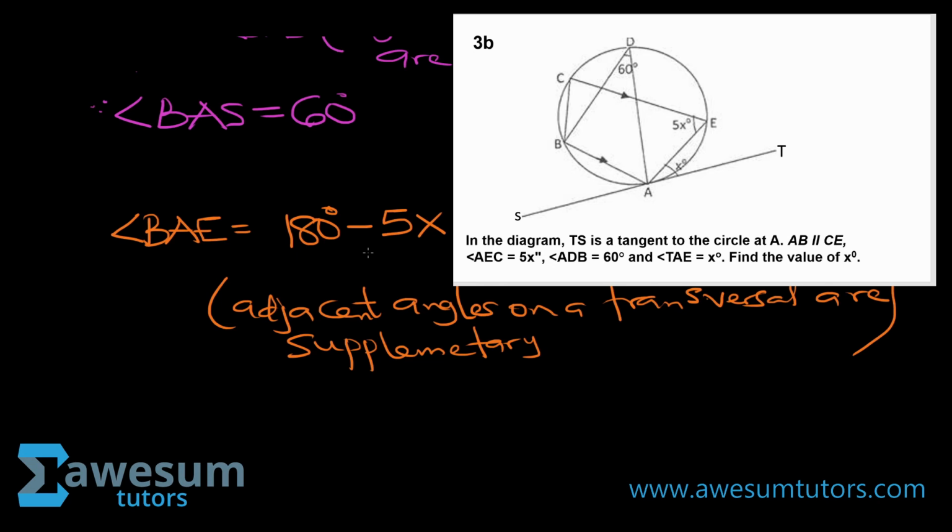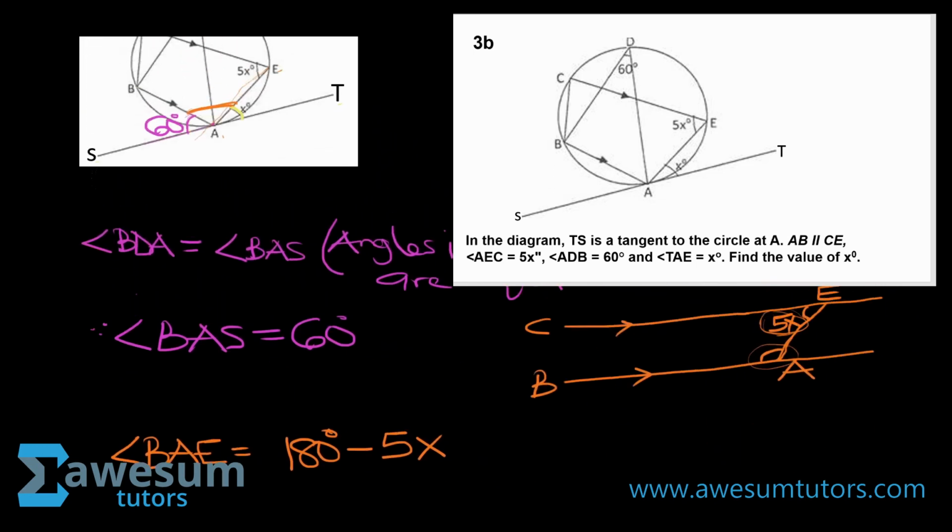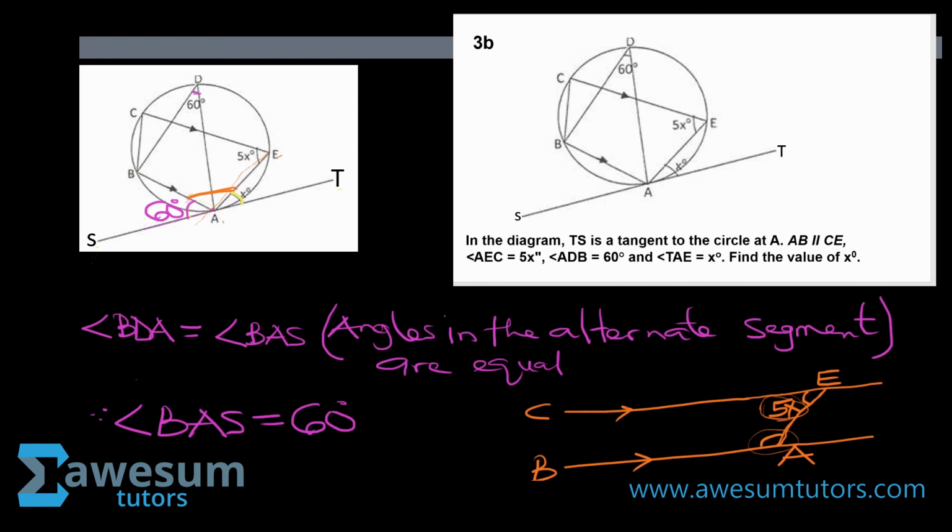Very good, guys. Now let us go back to our diagram. So now I've been able to get this angle to be 180 minus 5x. Now if you take a look, line ST is a straight line. You have gotten this angle right here to be 60.